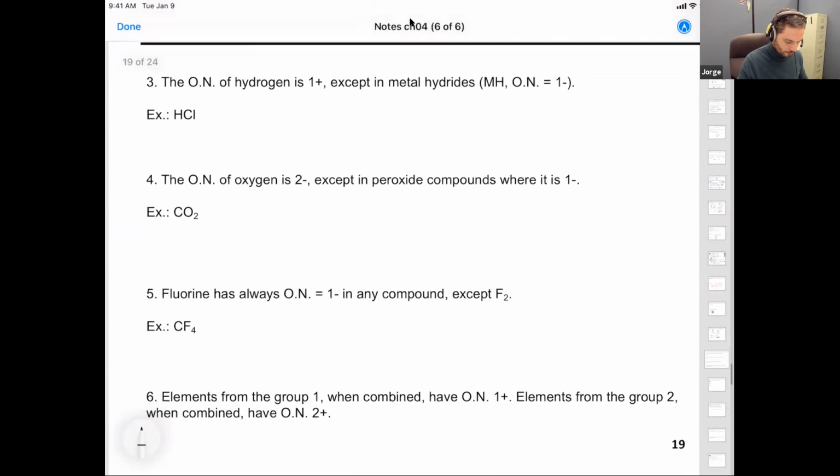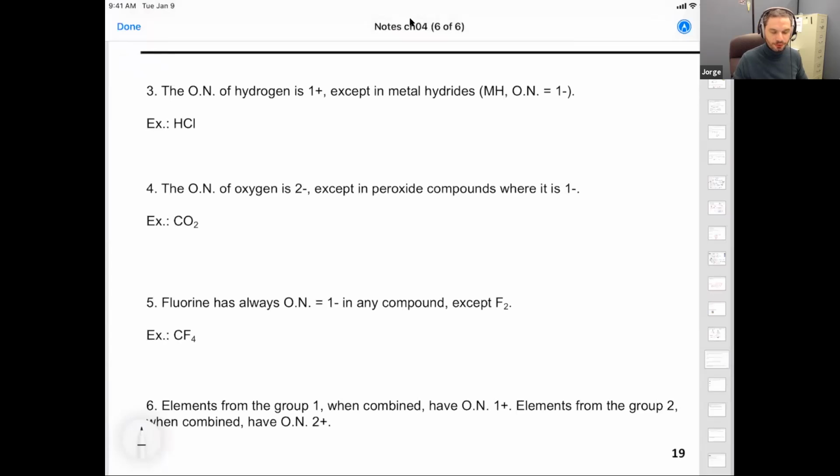Okay, rule number 3. Hydrogen is so weak that the oxidation number of hydrogen is, in most cases, 1 plus. The only exception is when hydrogen is bonded to a metal, and in this case, the oxidation number of hydrogen is 1 minus.